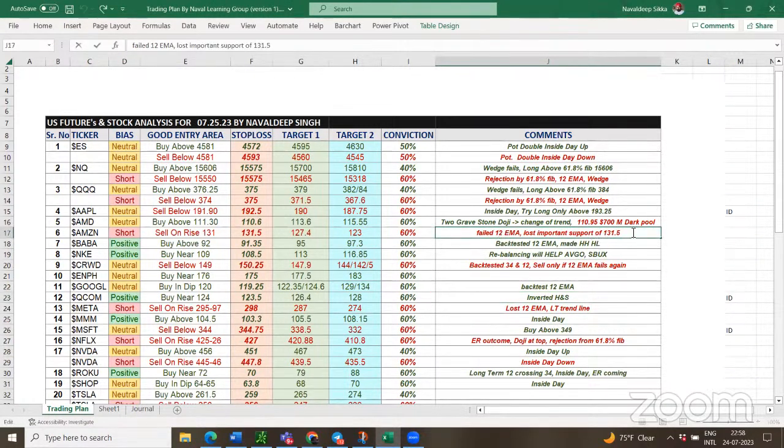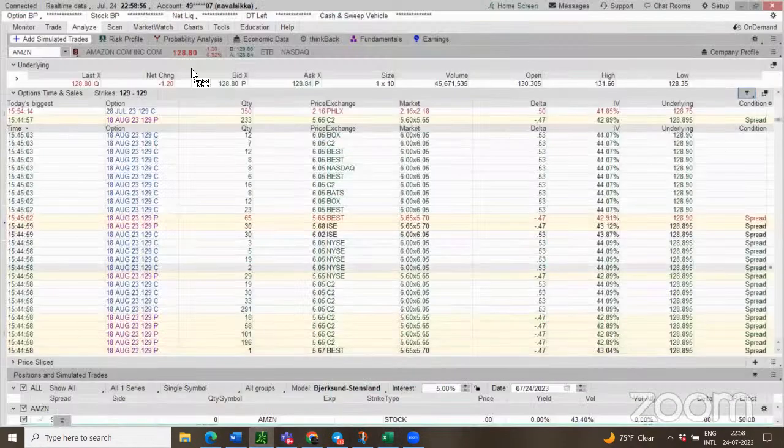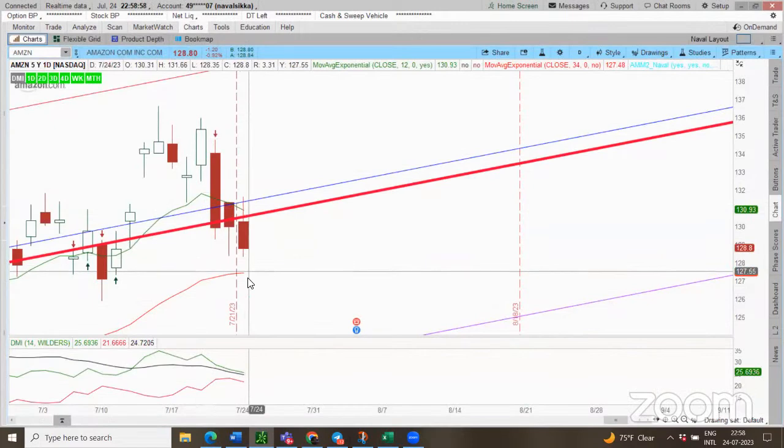If 1 billion dark pool on 129.35 to 128.80 acts as a resistance, I think Amazon will go down.